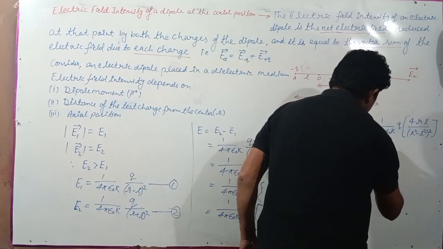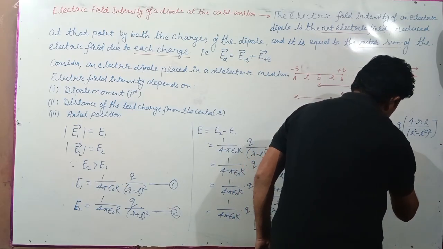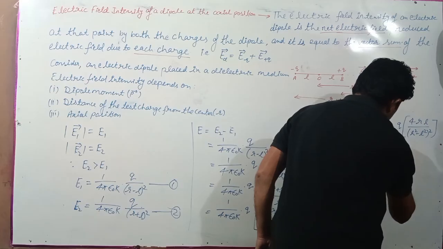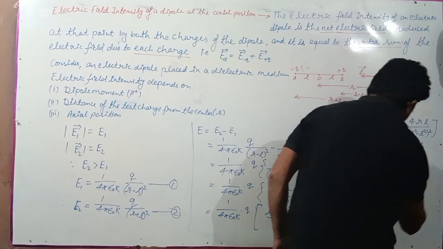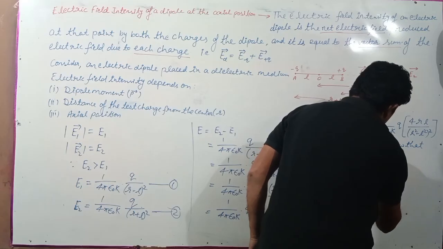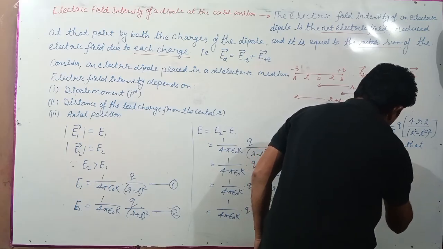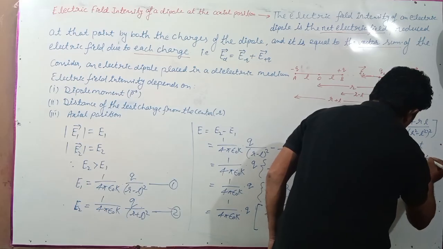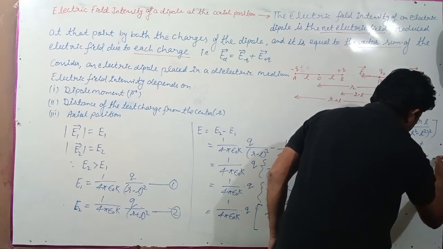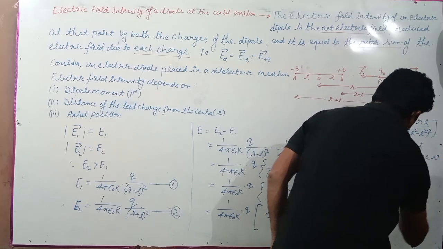As we know that L is very less than R, so L square is very less with respect to R square.